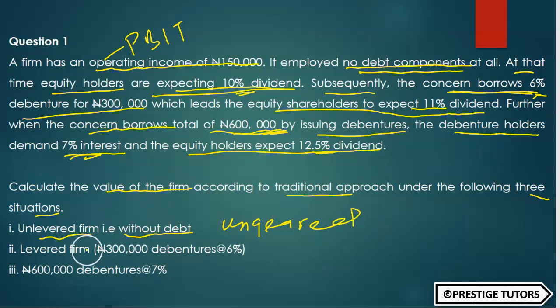That means with no debt. Then, with 300,000 naira debt at 6%, what will be the value of the firm? There are 600,000 naira debt taken at 7% interest rate. What will be the value of the firm? Now, this is the question we have. We first need to analyze this question.